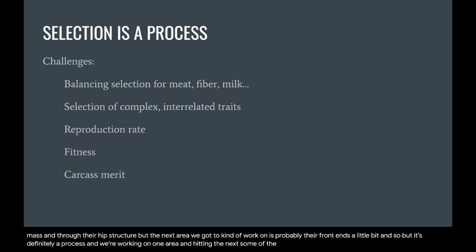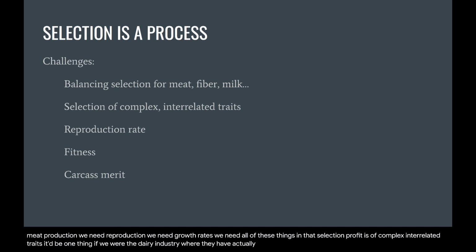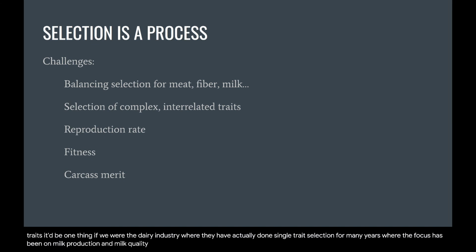Some of the challenges in selection is the balancing of, okay, we need meat production, we need reproduction, we need growth rates, we need all of these things. And that selection is of complex interrelated traits. It'd be one thing if we were the dairy industry, where they have actually done single trait selection for many years, where the focus has been on milk production and milk quality.